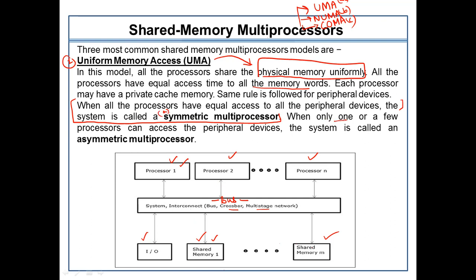When we know that the task is predefined, for example only processor number 1 and processor number 2 are dedicated to talk to the IO devices, and processor number 3, processor number 4, and so on can talk to the main memory, meaning the tasks are predefined, then such multiprocessors are called asymmetric. So in the uniform memory access, we have two types of multiprocessors available, right?